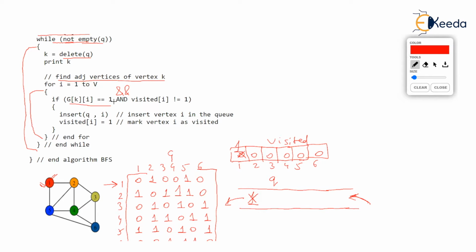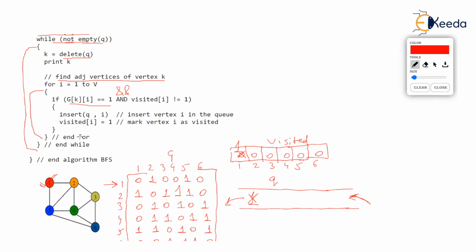And also that second vertex, that is ith vertex, is not marked as 1 in the visited array. Observe the second element of visited. So second vertex, come back to the picture of the graph, is adjacent to 1 and second vertex is not yet ticked. So second vertex is an ideal candidate to be processed.